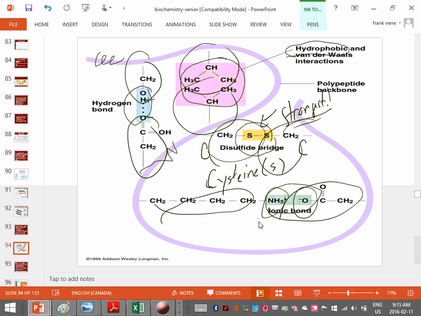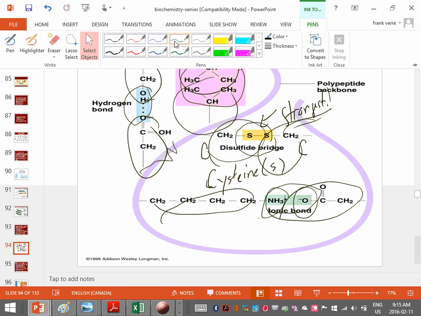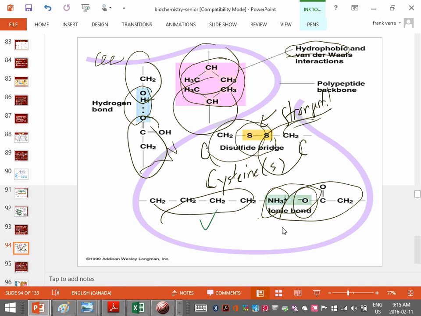So the idea is, if I have my polypeptide chain, and this amino acid over here faces this amino acid over here, and if this one is positive and this one is negative, we know they're going to be attracted to each other. Okay?